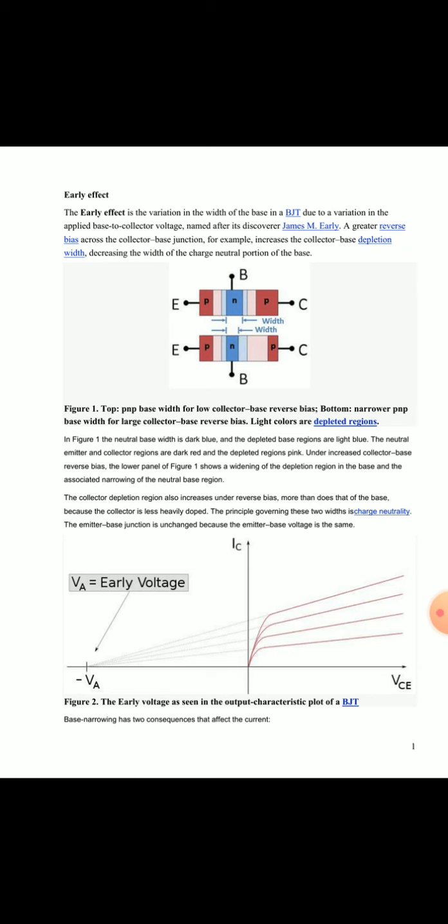The increase in the concentration of charge carriers causes more diffusion of electrons from the n-type emitter to the p-type base. It increases the emitter current also. So as the reverse voltage increases, the width of the depletion region also increases, which reduces the electrical base width. This effect is called the Early effect or base width modulation.